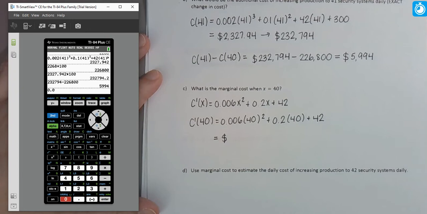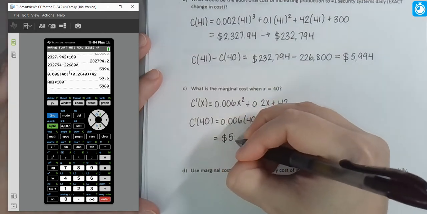So 0.006 times 40 squared plus 0.2 times 40 plus 42. And that's going to be 59.6, but not $59.60. We're talking about hundreds. So multiply this by 100, 5,960.